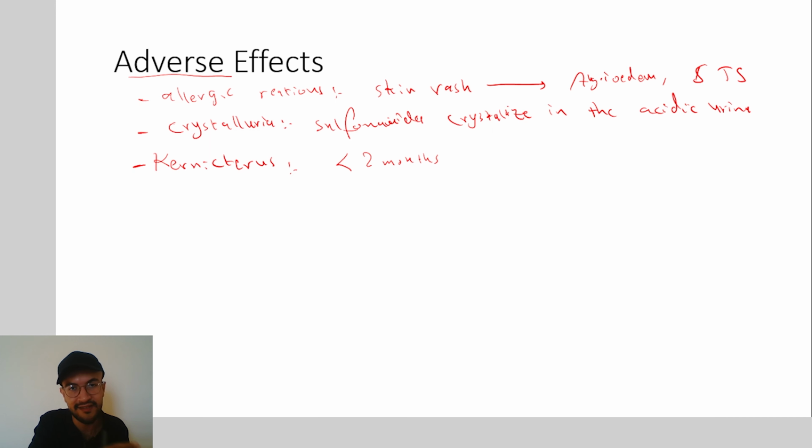So the bilirubin is displaced, and this would lead to hyperbilirubinemia. And in children less than 2 months and in the fetus, the blood-brain barrier is not mature enough to prevent the bilirubin from coming into the brain and causing kernicterus.